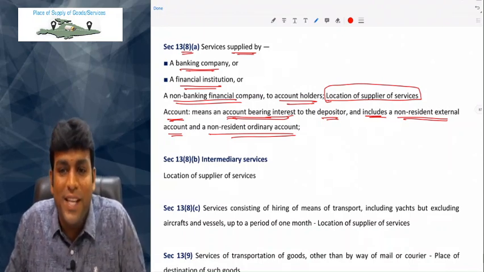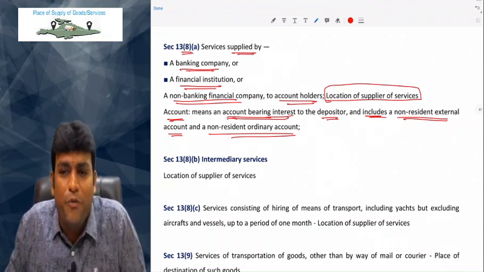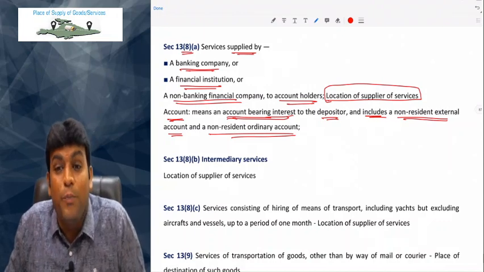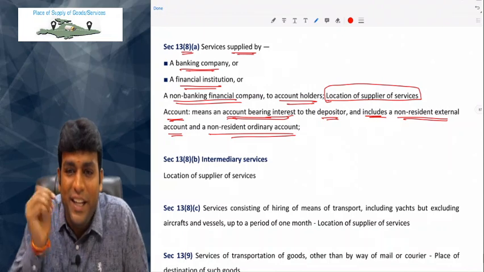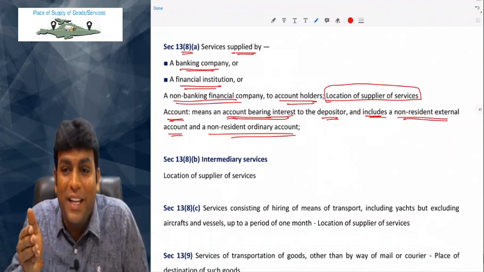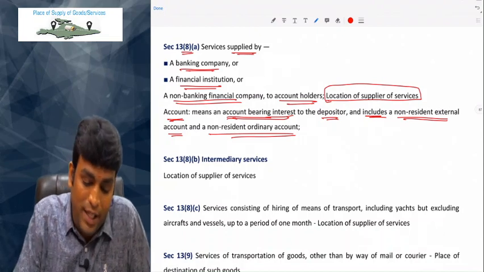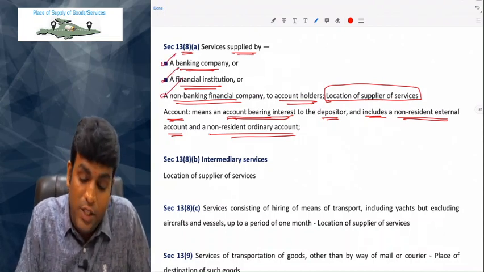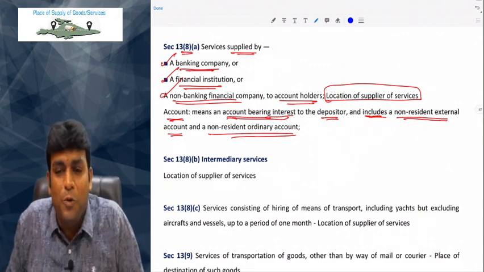And if a foreign person is making money in India, he will deposit the money in an NRO account. So if money is coming from a foreign country, we put it in an NRE account. If money is originating in India only, then we put the money in an NRO account. Next. So it talks about banking company, financial institution, NBFC, to what, my dear friends? Account holders.